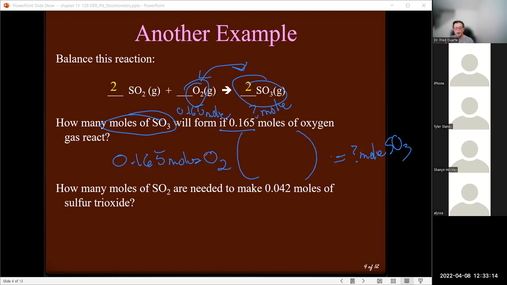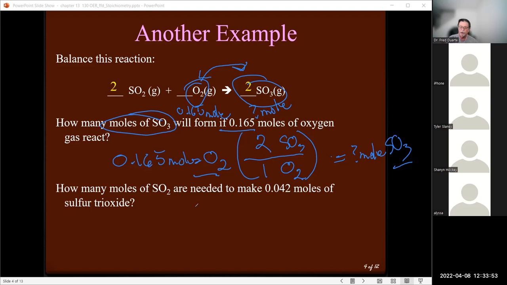Now knowing where I'm starting, what I'm given, knowing unit-wise where I've got to go, helps me to determine how to set up my conversion factor. Since I'm looking for SO3, sulfur trioxide, obviously that belongs in the numerator, and oxygen belongs in the denominator. I go to the balanced chemical equation, the coefficients: 2 SO3s per 1 oxygen. So that is our stoichiometric relationship.